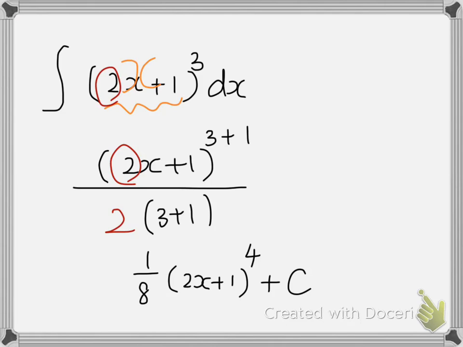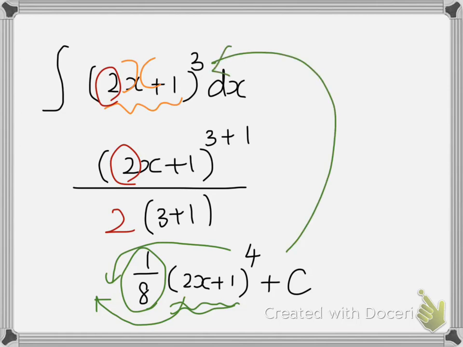Again, if you're not so sure, if you have a little bit of doubt, you do a differentiation. How do you do differentiation? Bring this down, and then you differentiate what is inside here, bring the 2 down outside. So 4 times 2, you cancel out that 8, which gives you this one. So this is like working backwards.